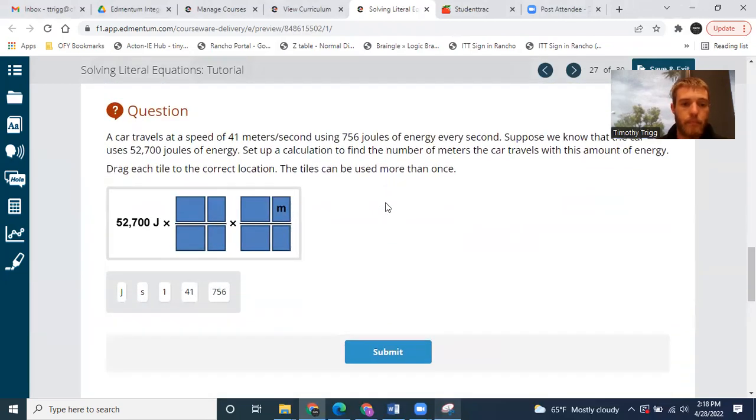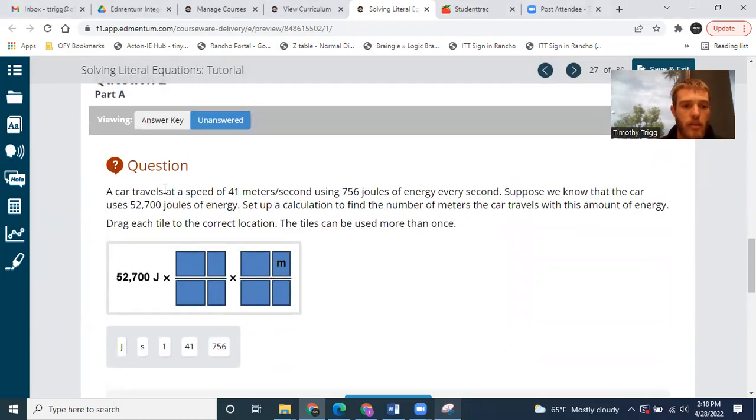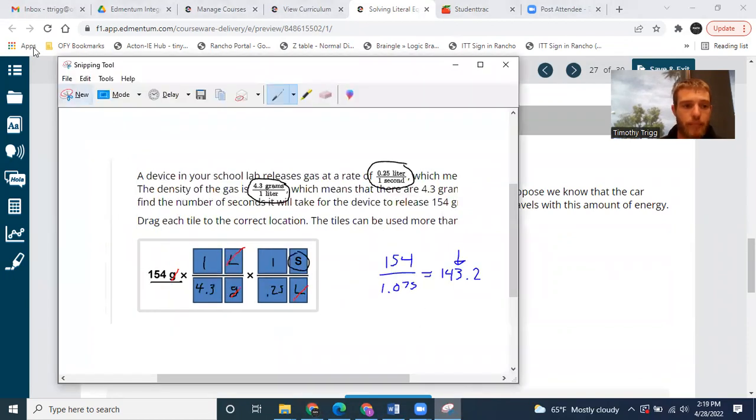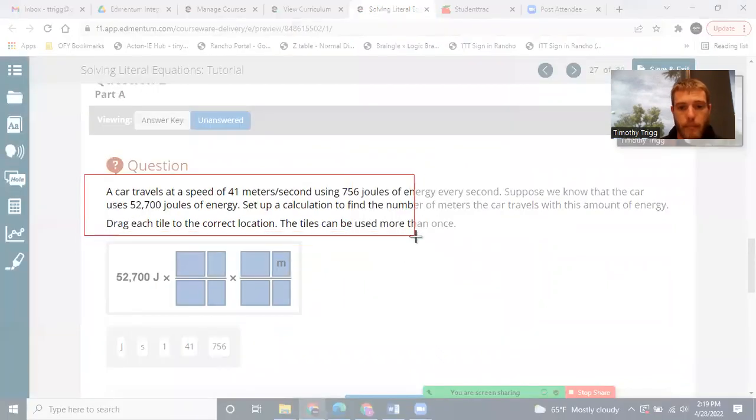All right, this one's a very similar one, except we're dealing with meters per second and joules of energy here. So it says a car travels at a speed of 41 meters per second using 756 joules of energy every second. So we can already see where this is going, hopefully.